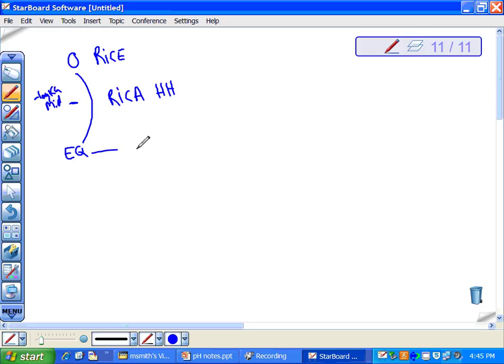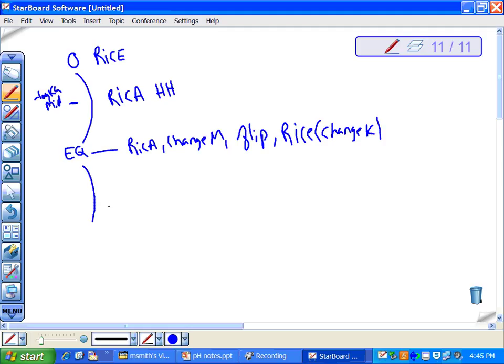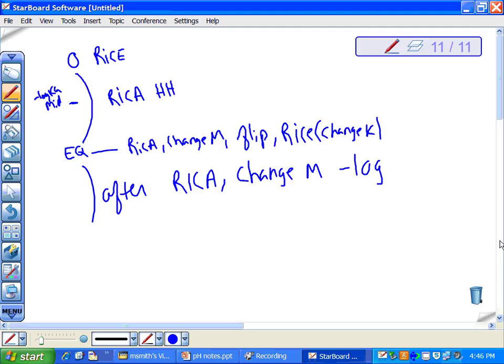This one is the RICA, change to molarity, flip, and RICE by also changing your K. And then after your equivalence point, you can simply do a RICA. You still got to change back to molarity, and you got to take the negative log. You'll either have extra H plus or OH, and so you may have to subtract from 14.